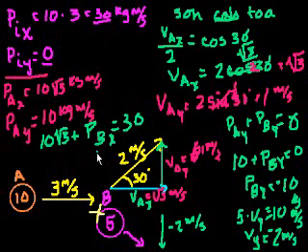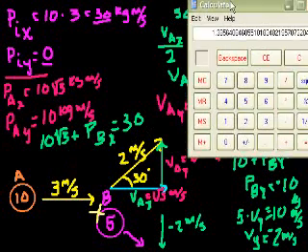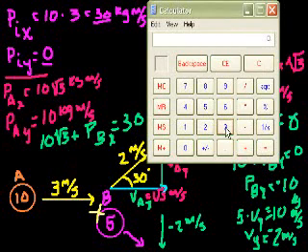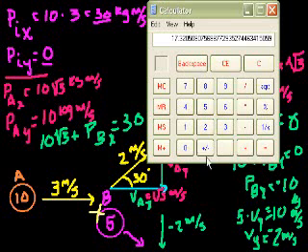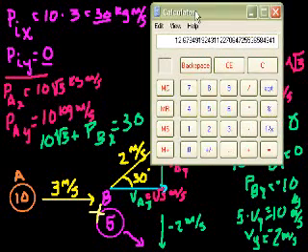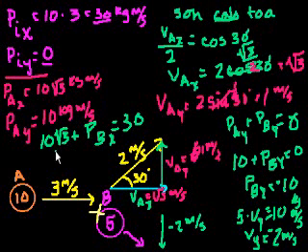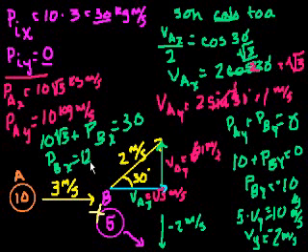So to figure out the momentum of B in the x direction, we just subtract 10 square roots of 3 from 30, and let's do that. So square root of 3 times 10, and then subtract that from 30, and we get 12.7. So we know that the momentum of B in the x direction is equal to 12.7 kilogram meters per second.